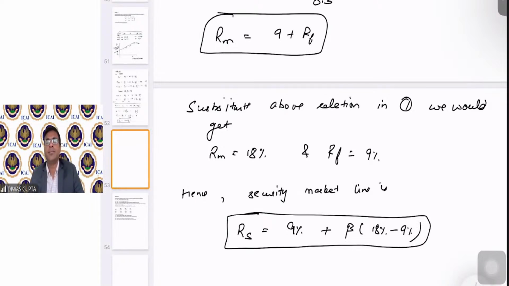Okay, students. This is the security market line. Perfect, Tanisha. Yes. RM, Tanisha, is just check again. RF is 9%.